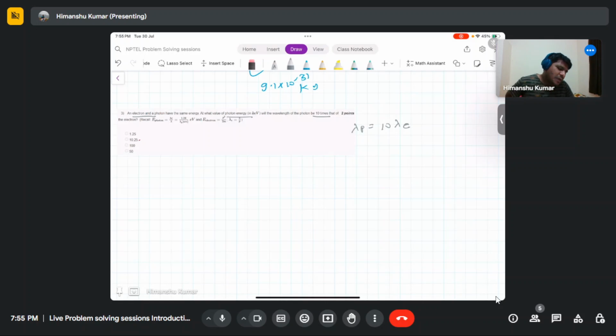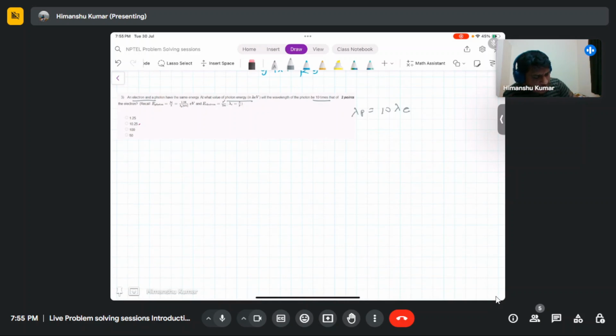So the photon energy is basically given by... photons have zero rest mass. So you can calculate the energy as h bar omega, or h c by lambda, where c by lambda you can take as the frequency of the electromagnetic waves which correspond to that photon, that you can calculate with the wavelength you are giving.